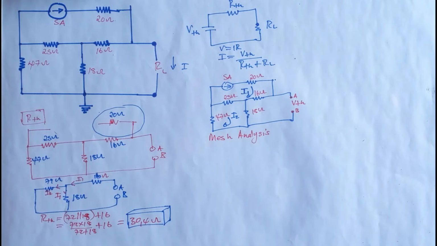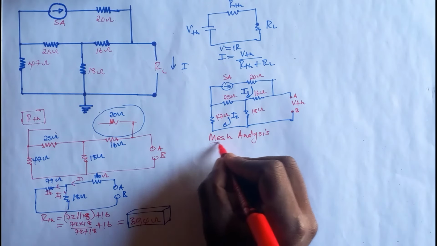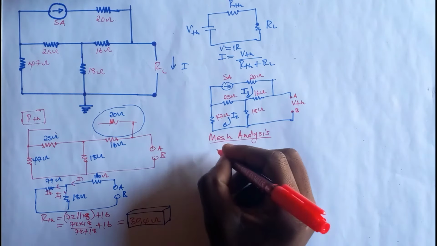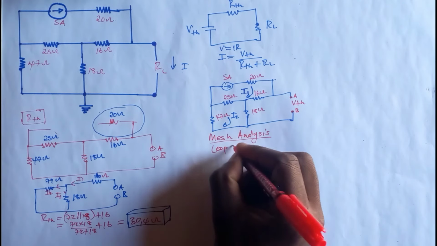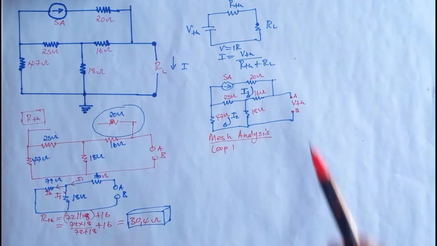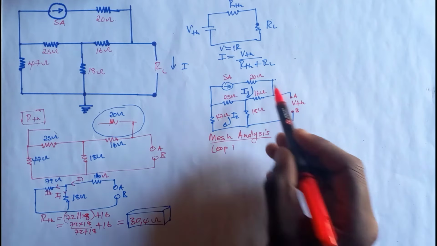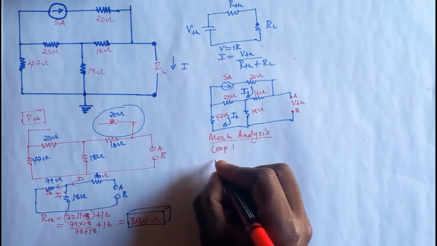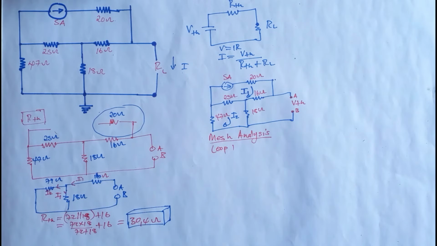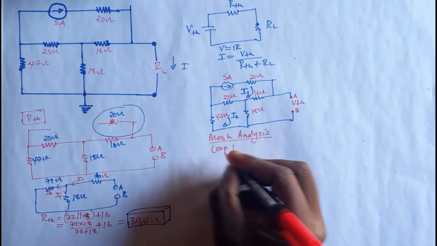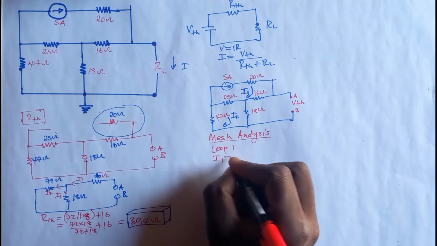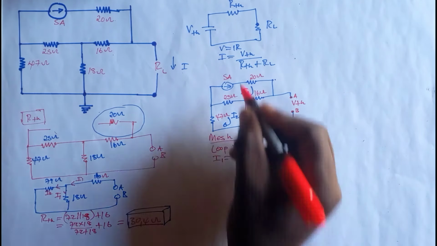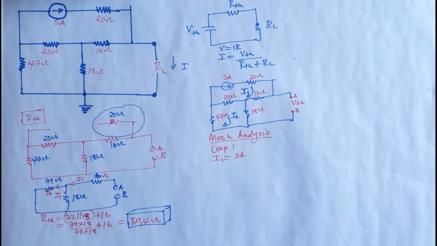Now using mesh analysis for loop 1, I add all the resistors found in loop 1: 20 plus 16 plus 25. But we were already given the current, so we know that I1 is equal to 5 amps, because we have the current source.